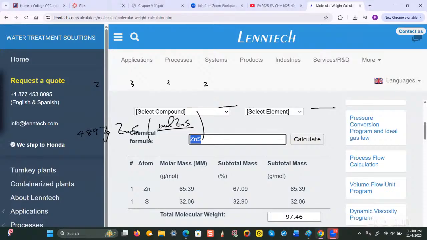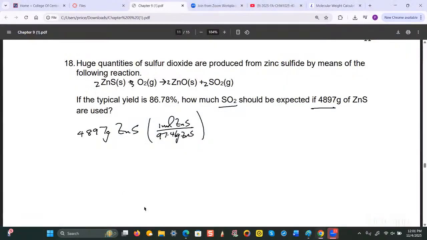So that goes here, 97.46 grams of zinc sulfide. So the next step is what? Now we're going to look at the mole ratio between the SO2 and the zinc sulfide based on the balanced equation. Based on the balanced equation here, there's a 2-to-2 mole ratio between the sulfur dioxide and the zinc sulfide. So that would be represented in the next conversion factor, where we have 2 moles of SO2 and 2 moles of zinc sulfide.